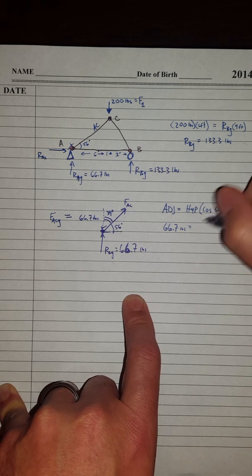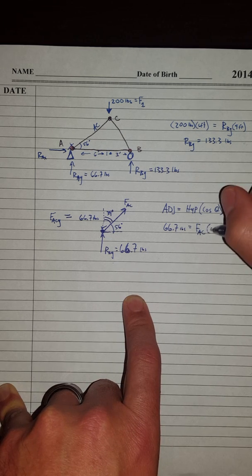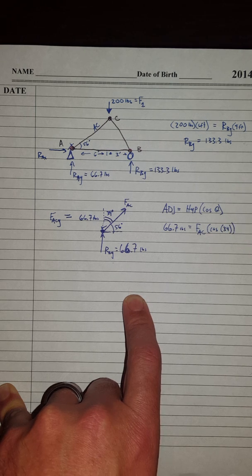We don't know the hypotenuse, but in the end it's going to be the internal force of AC, and we know theta is 34 degrees.